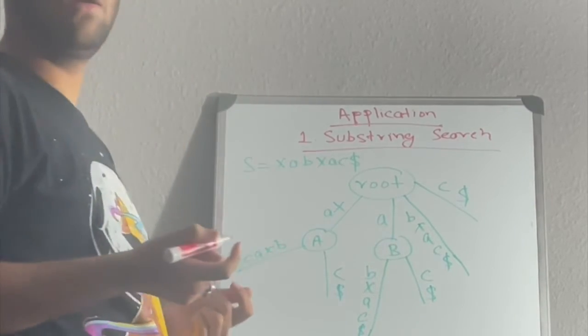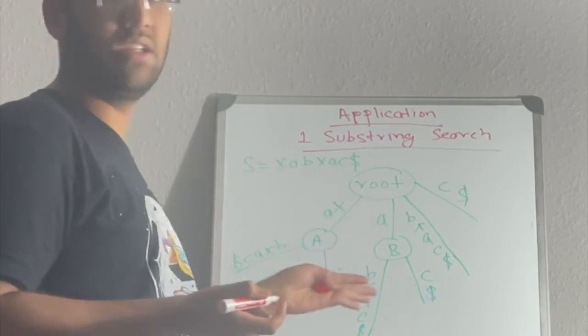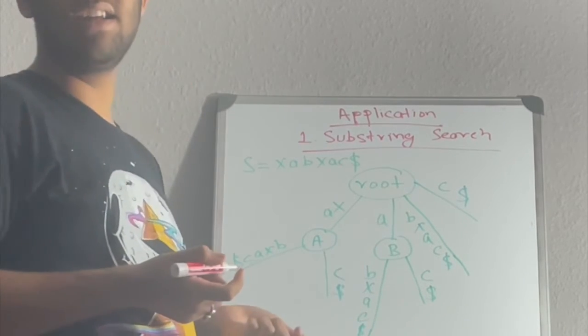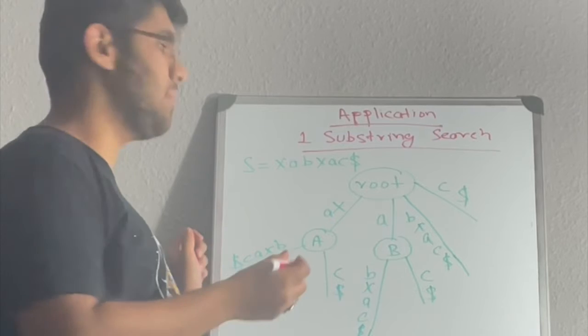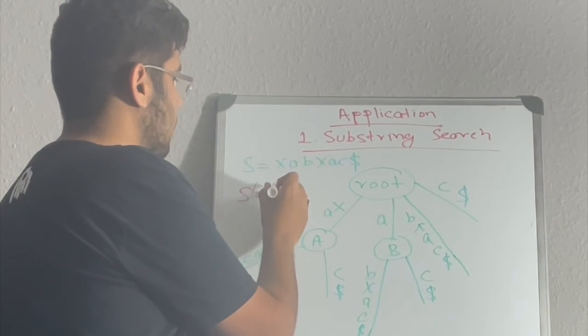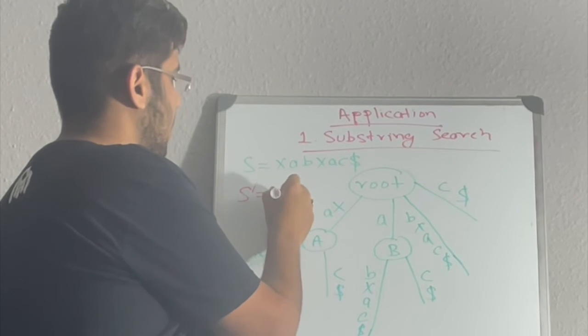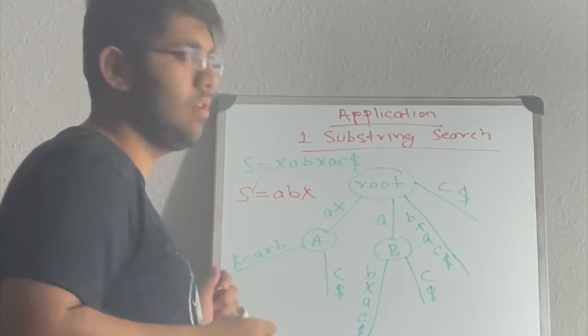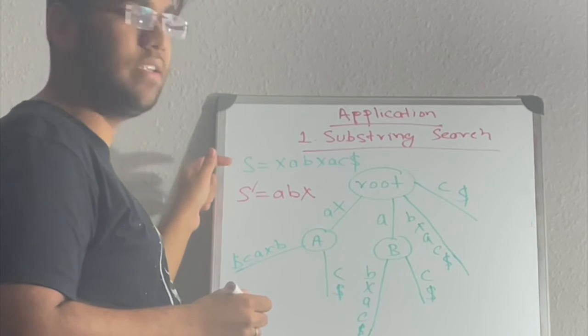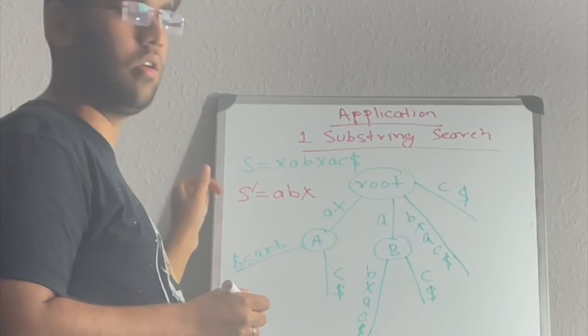I have already made a suffix tree for clarity so that it doesn't get messy like last time. So let's see an example. For example, we are given a substring A, B, X, and we need to return whether this is present in the given string or not.